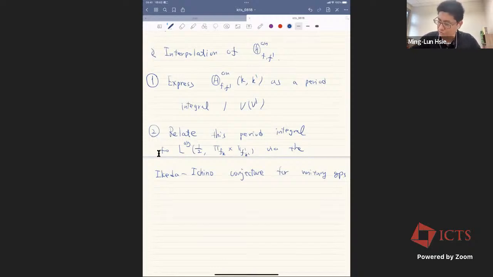Okay, so for the first step, we need to use the interlacing relation.